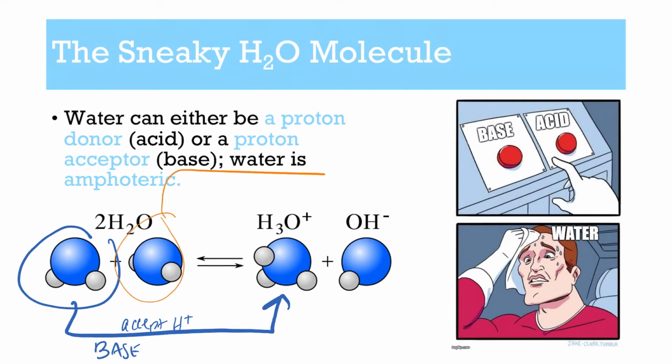But this one, when it matched up with that, donated an H+, making it an acid. So water can play both roles. It depends on who it's hanging out with, it will do different things. And so the fancy sciencey word for that is amphoteric, meaning it can be a proton donor and act as an acid, or be a proton acceptor and act as a base.